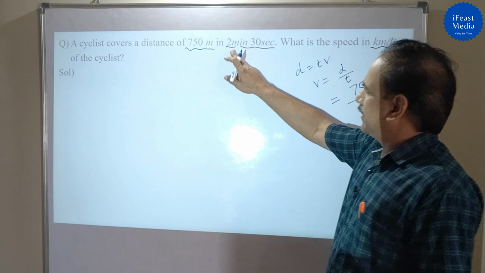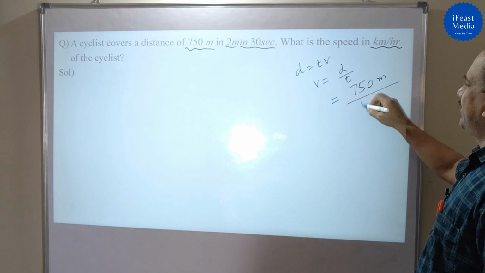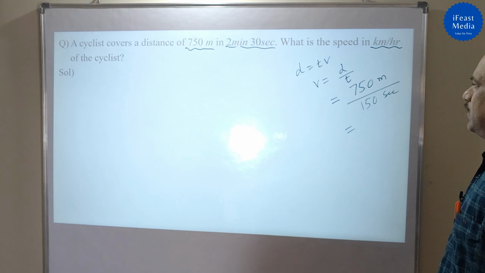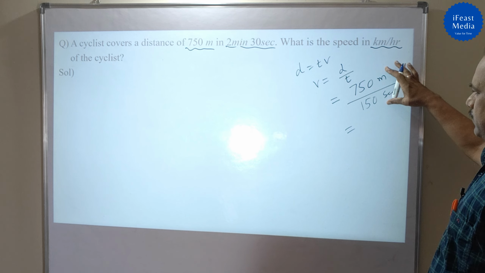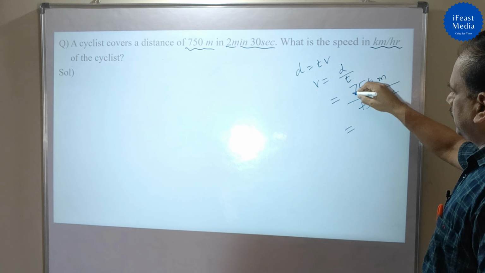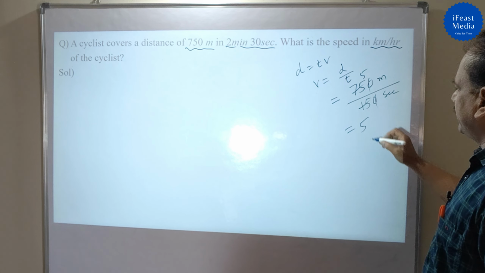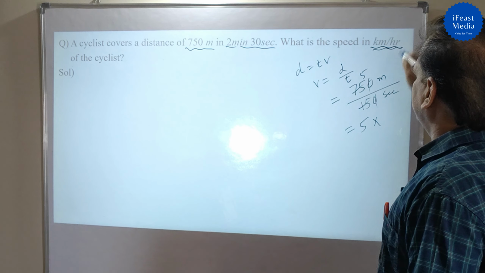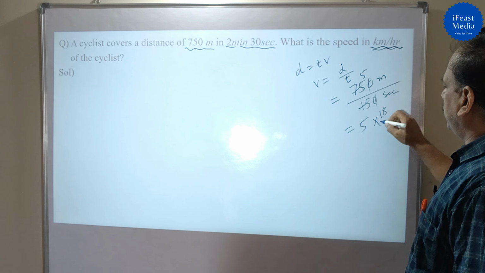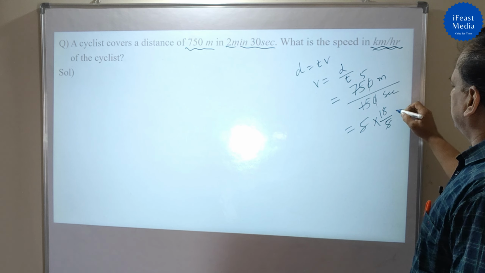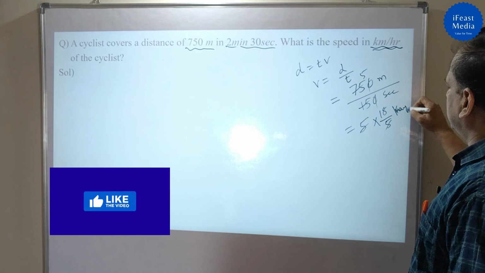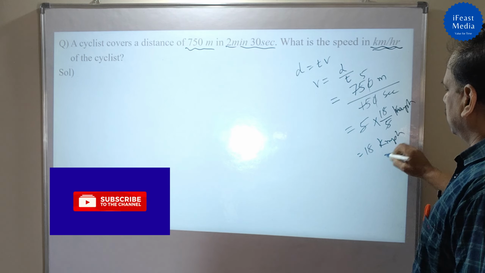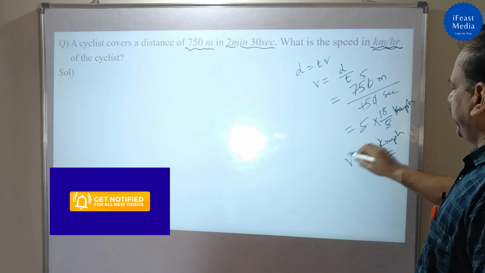So how many seconds? It is 150 seconds. So this is speed in meters per second, right? So it is 5 meters per second. But we are asked to find the speed in kmph. So from lower to higher, it is 18 kmph is the speed.